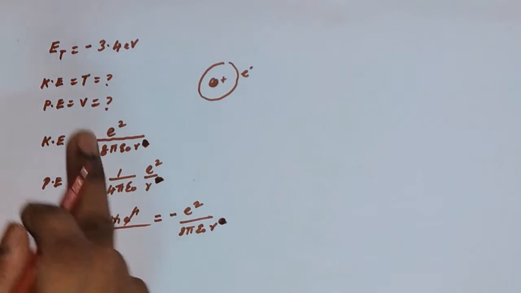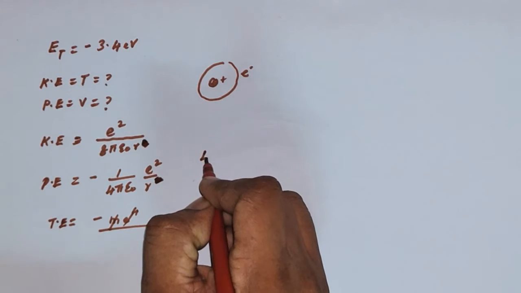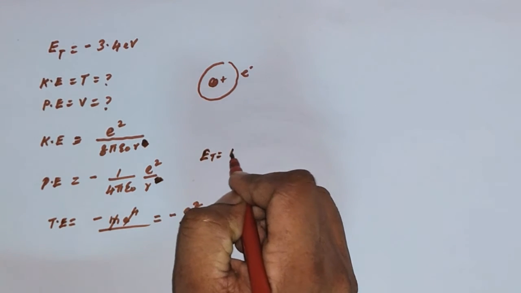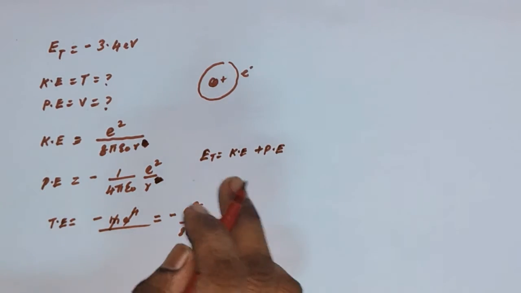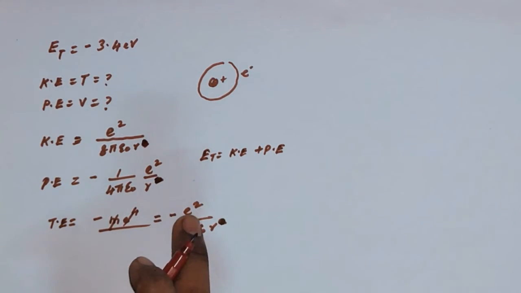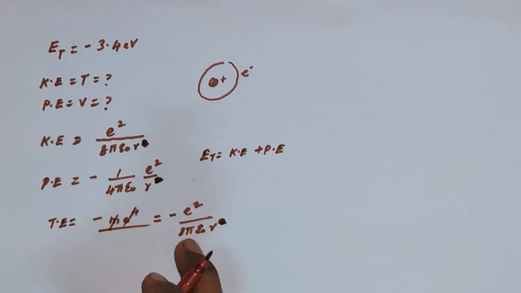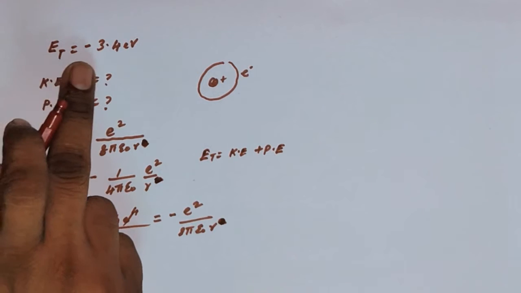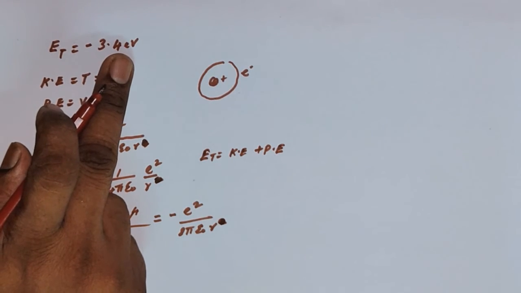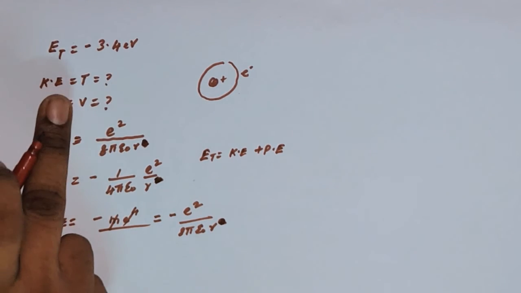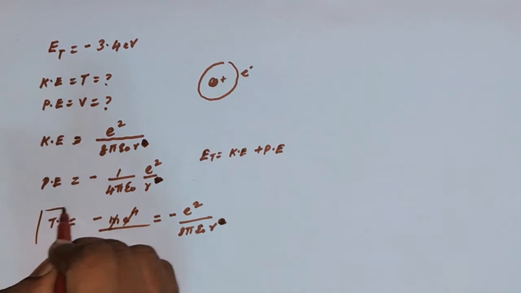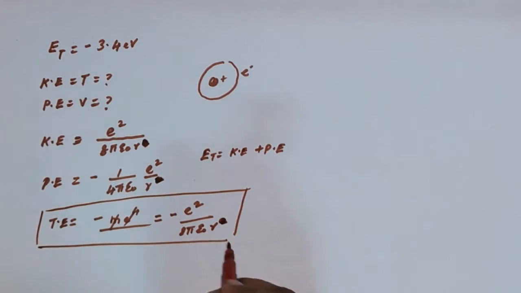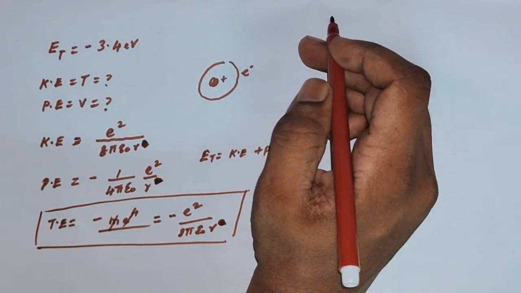Because the total energy in general is the kinetic energy of the electron plus the potential energy experienced by the electron, summing up these two gives minus e square divided by 8 pi epsilon naught r. Here the total energy is given as minus 3.4. We know the kinetic energy relation and the potential energy relation, so the total energy can be represented in terms of the kinetic energy.